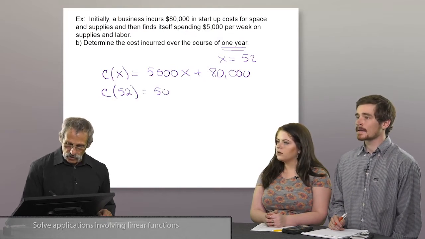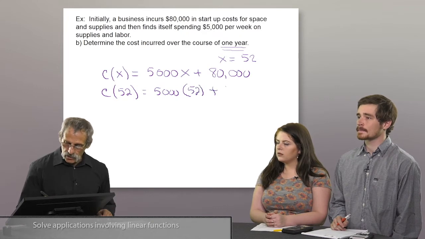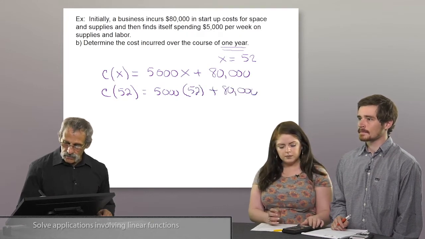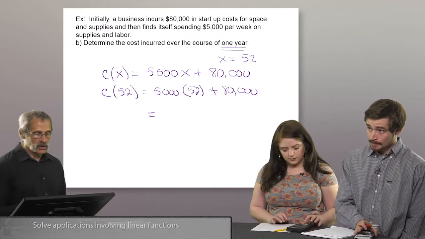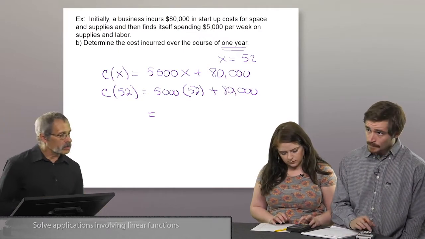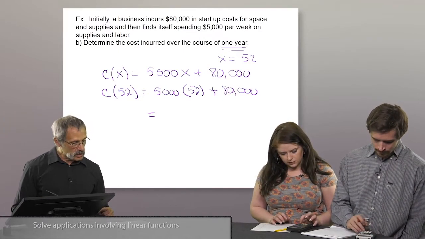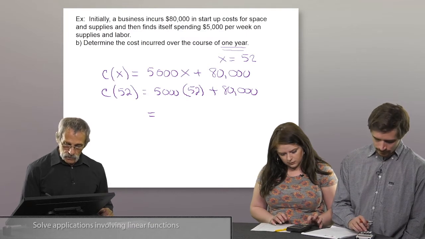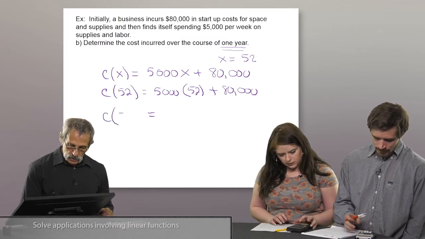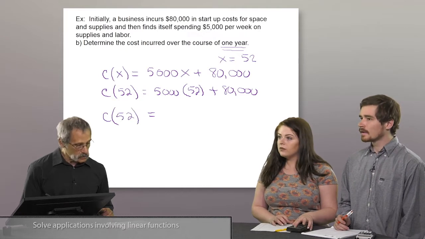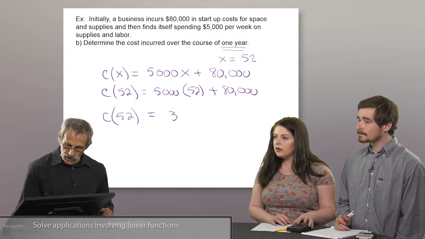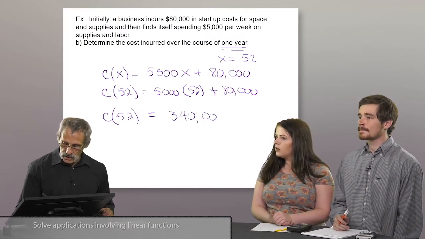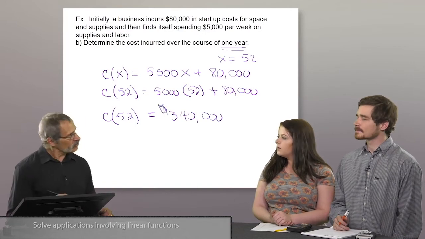So I'm just going to substitute in a 52 for that value of x. Can you do that on the calculator and tell me what you get? We can find the cost that's incurred over the time frame of 1 year. So we have C of 52. 340,000. Very good. It's $340,000. Excellent. Thank you.